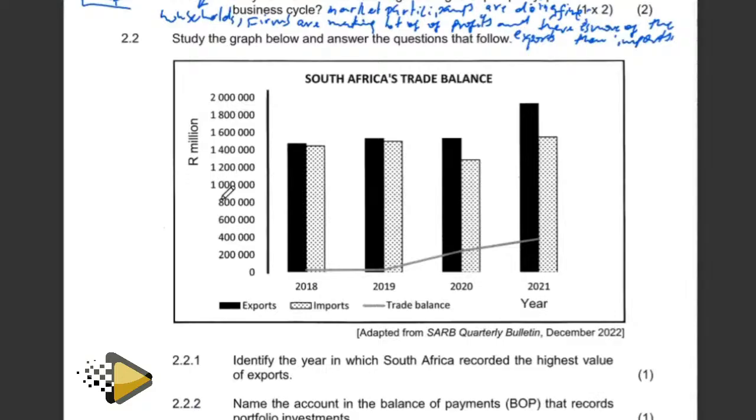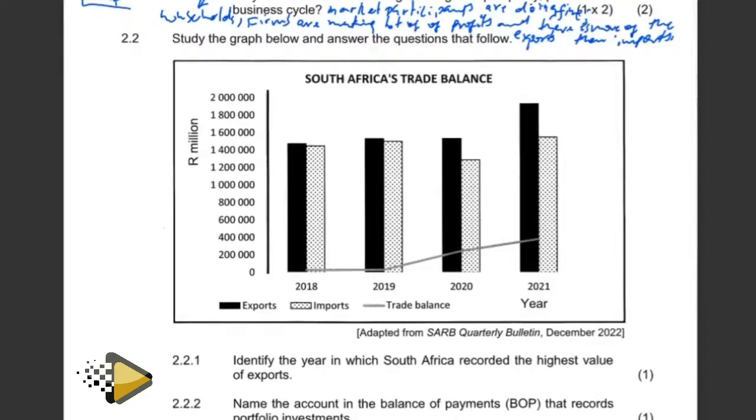Either it can be the y-axis or the x-axis. So if we check on our y-axis, we have monetary value in millions, and also on our x-axis we do have number of years from 2018 up until 2021.